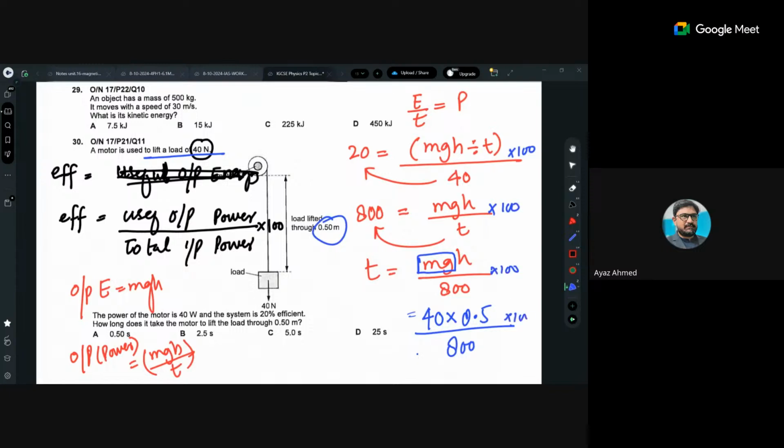Please calculate it for me. 0.5 by 200, that is 2.5.